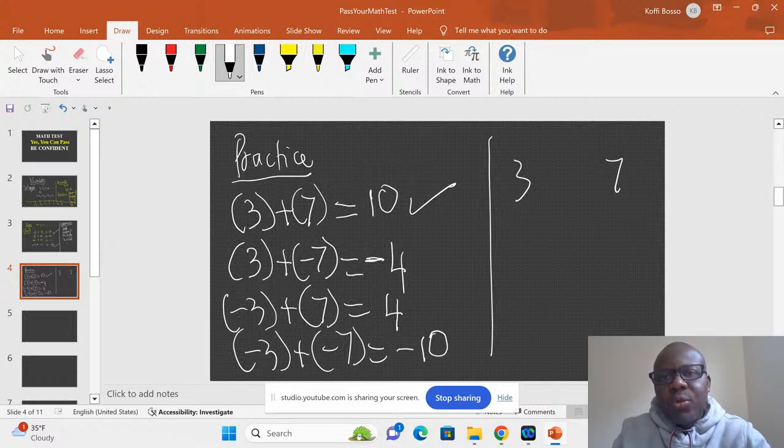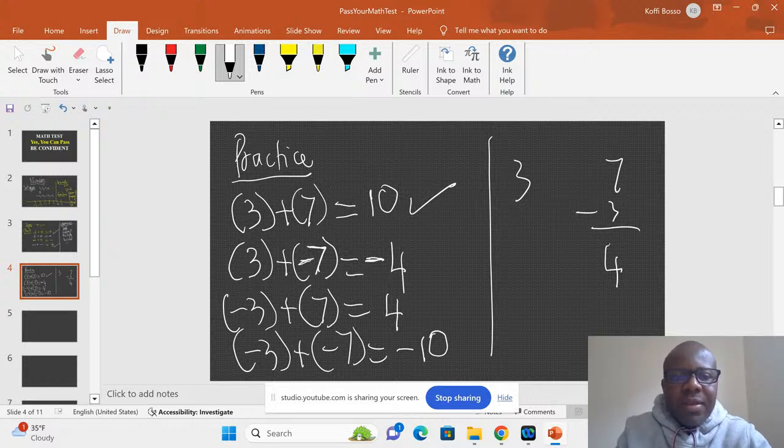Because the two numbers don't have the same sign, I take 3 from 7, and I know that it's going to be 4. Now I go back to the question. 7 is the larger number, and 7 has the negative sign. Therefore, I give a negative sign to my result.